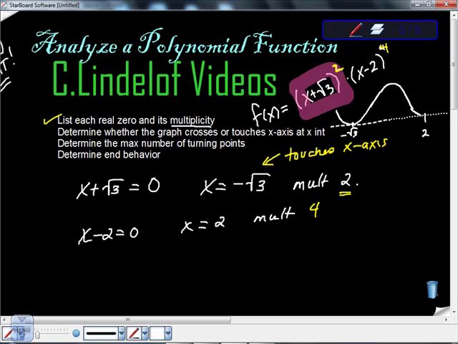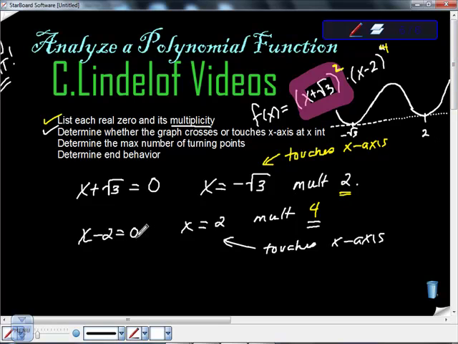Now the question is, when it touches right here, is it going to pass through to a number below 0? This has a multiplicity of 4. 4 is an even number, therefore it just touches and bounces back up. It touches the x-axis. That is to say, it does not go through.